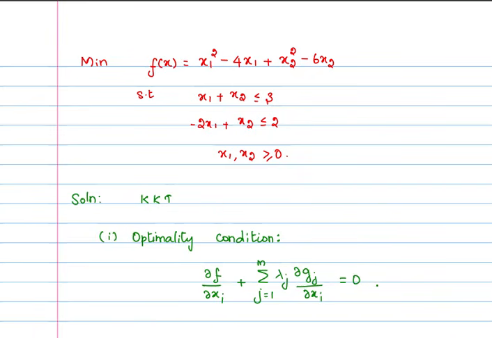Here i equals 1, 2 and so on up to n, where n is the number of decision variables and m is the number of constraints.